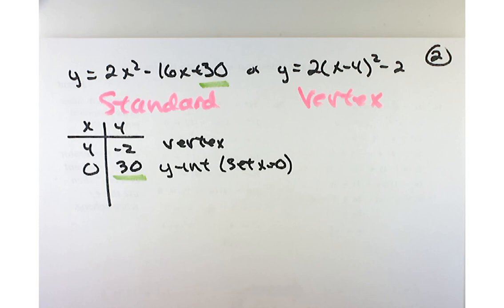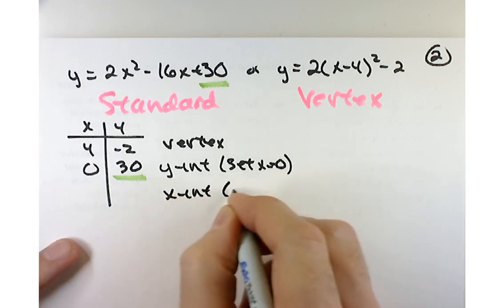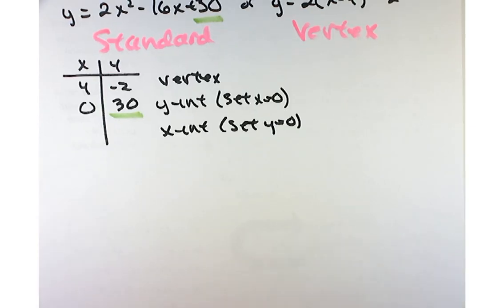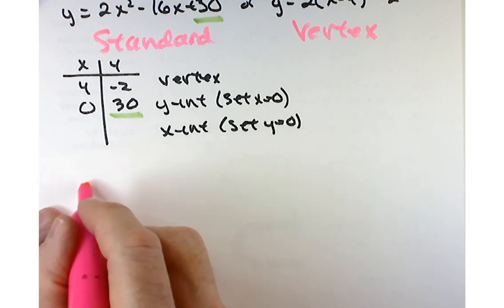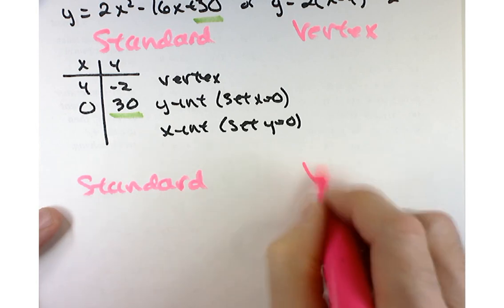How are we going to find the x-intercepts? Set y to 0. Set y equal to 0. And let's take a look at what that's going to entail for these 2 different problems. So for our standard form and for our vertex form.